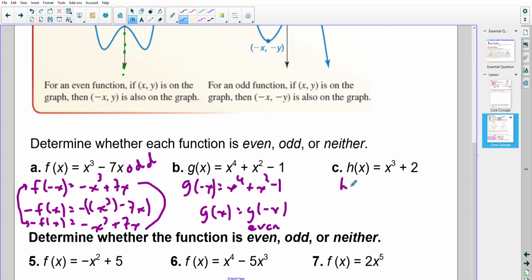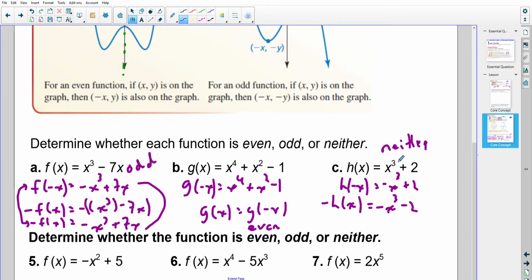And the last one, h of negative x, putting in a negative x, gets you this. These are not equal, so it is not even. So you have to try the negative of h of x, negative times negative 1. That becomes negative x cubed minus 2. None of these are equal, so that is going to be a neither.